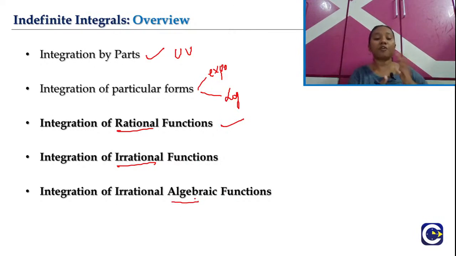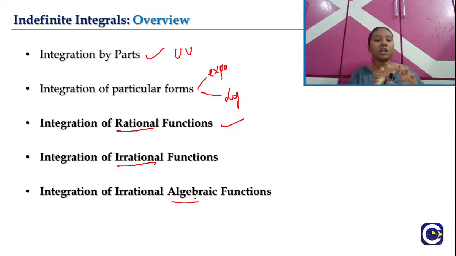Based upon the type of function, the procedure we follow to do the integration will vary, so the methods are added one by one based upon the types of functions we are dealing with. First we started with rational functions. For rational functions there will be a separate methodology, for irrational functions one methodology, and again for algebraic functions one methodology. But there will be a slight common thing that we'll see when dealing with each of them.